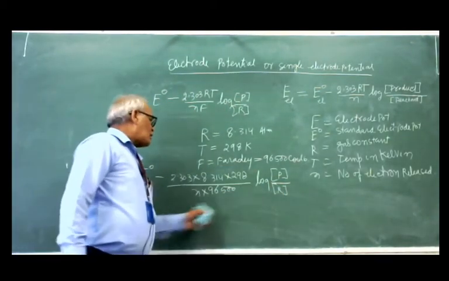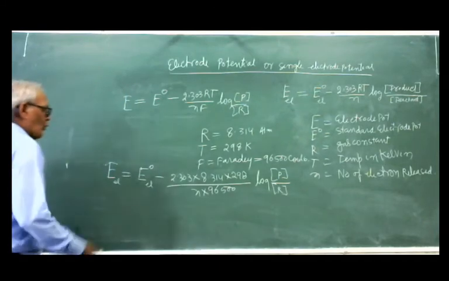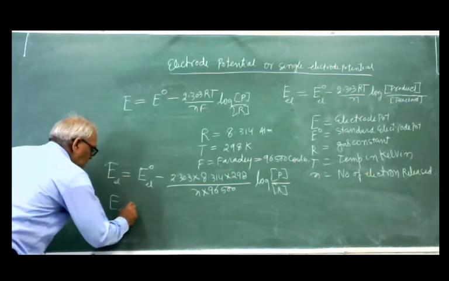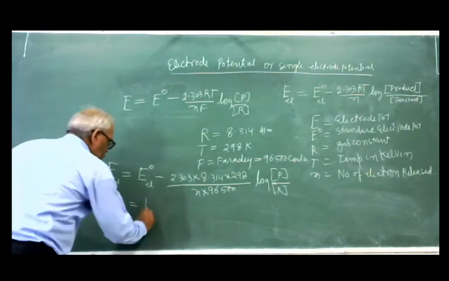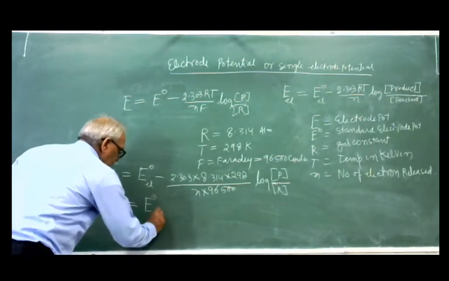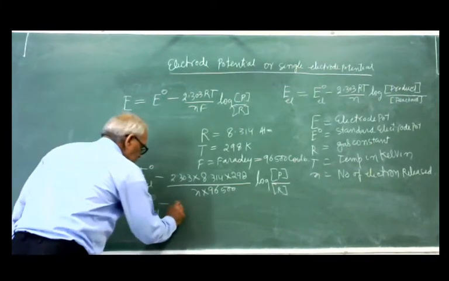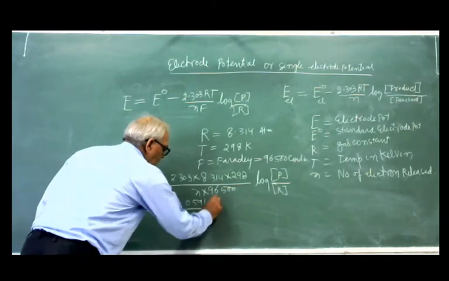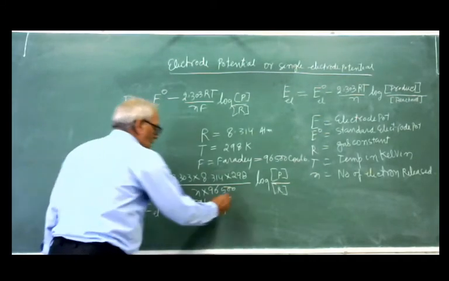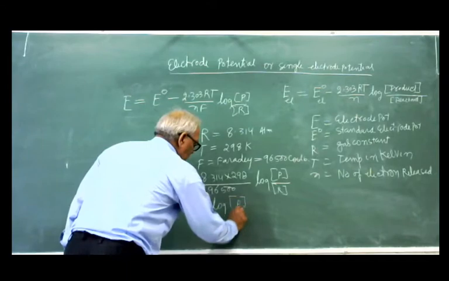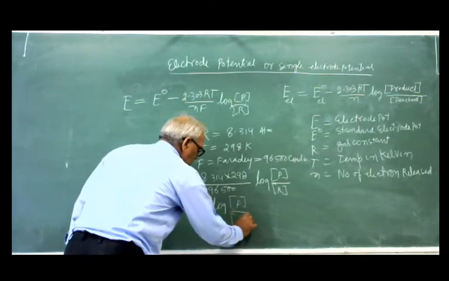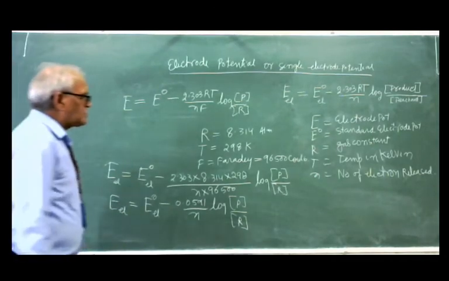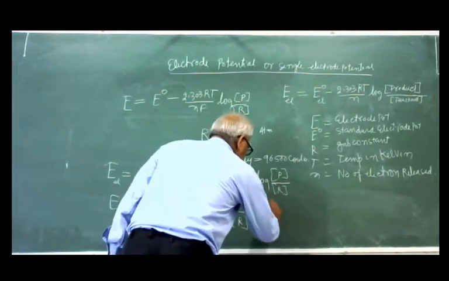Now, after calculating all these, we shall get electrode potential equal to standard electrode potential minus 0.0591 upon n log concentration of product upon concentration of reactant. So this equation is called the Nernst equation.